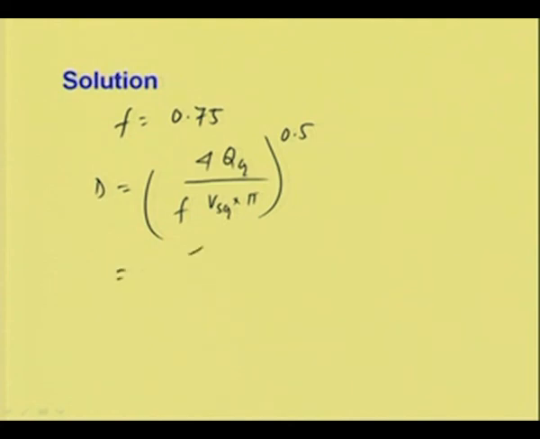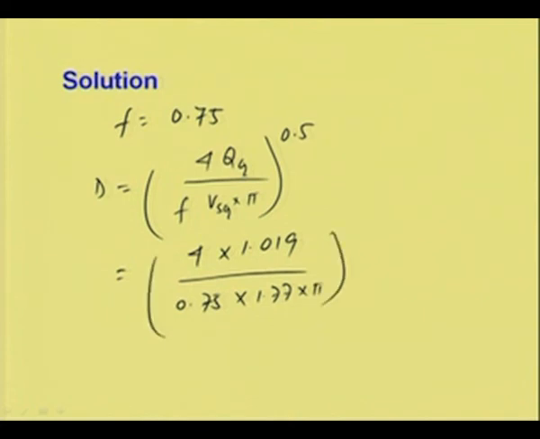So, substituting 4 into 1.019 divided by 0.75 into 1.77 into pi, to the power 0.5, which will be around 0.989 meter. So, this is the diameter of the column required for the particular operation.